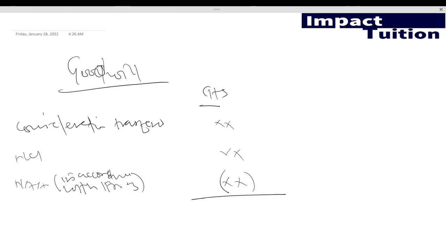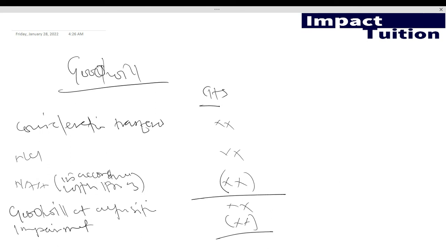Now this will give us goodwill at acquisition, less impairment in goodwill, and the final thing is the goodwill at reporting.